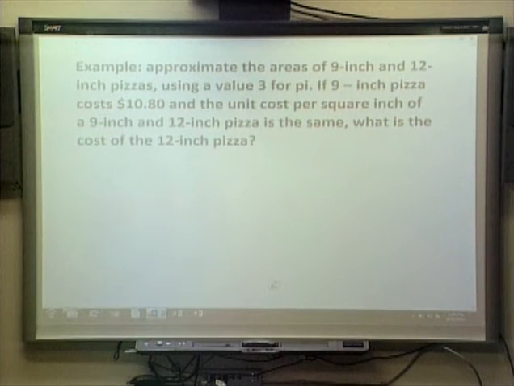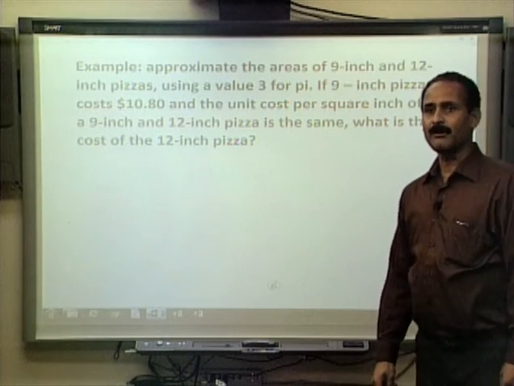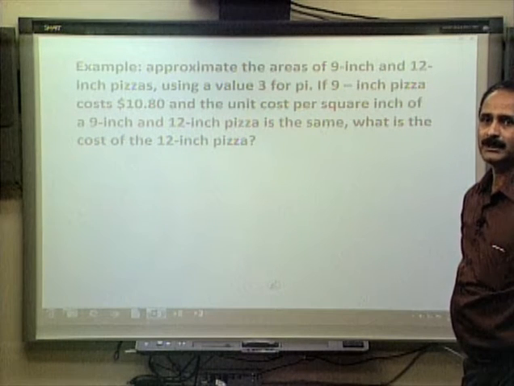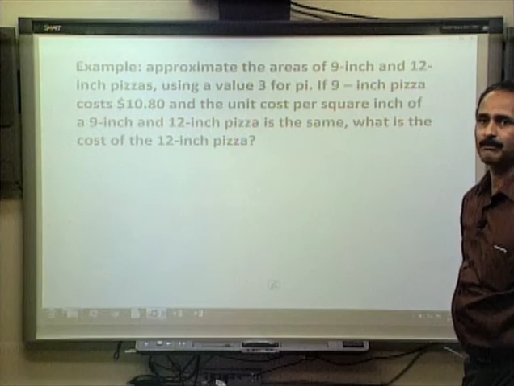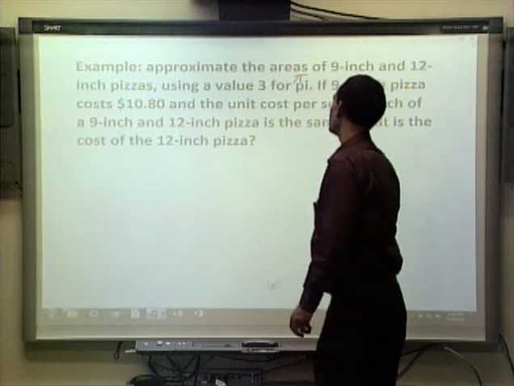Okay, let's look at one example. Approximate the area of a 9-inch and a 12-inch pizza using a value 3 for pi. So, for pi we want to use 3.